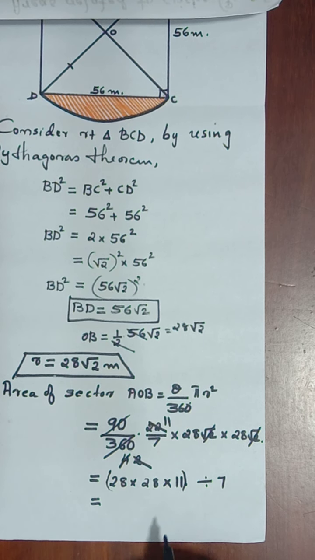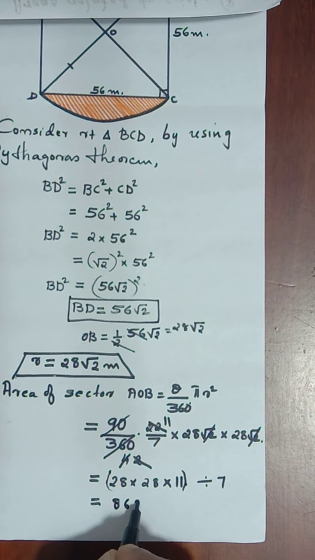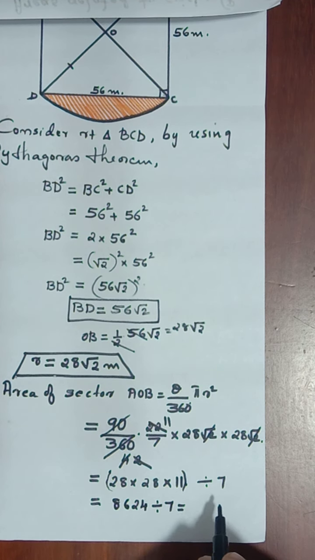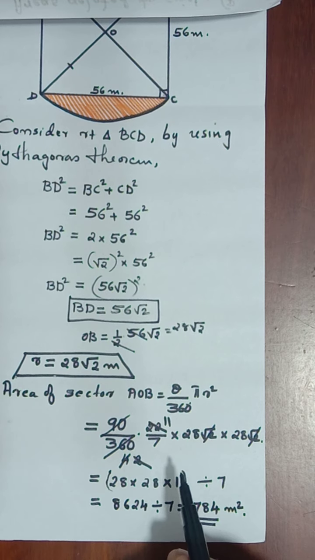So what is 28 into 28 into 11? Multiply, you will be getting 8624 divided by 7. The answer will be 1232. Let us write area of sector in meter square. So we got only the area of sector now.